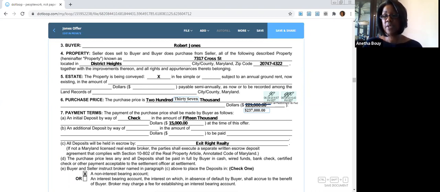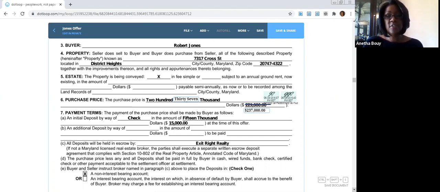And always when anything is changed on the contract, make sure that all parties involved have initialed and or signed off on any of those changes. You need to make sure that that is signed off by all parties, okay?